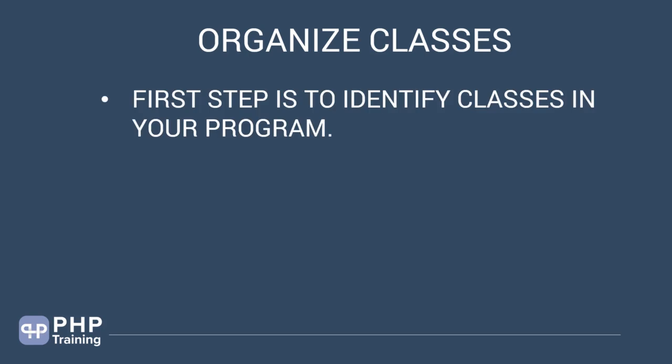So the first step is to identify classes in your program. Whatever program you have written so far, you might have a calculator program, or a file operation program, or data that has been converted into CSV, or any web page. The first step is to identify classes. You have to look at your program and ask, what is the class that I will be creating for this kind of program?